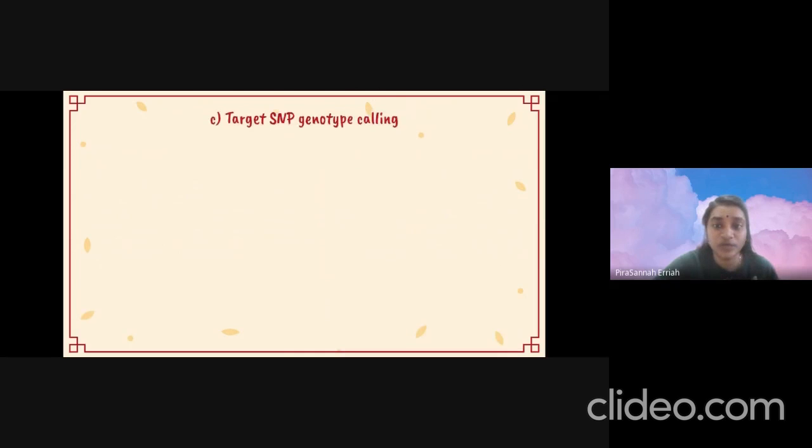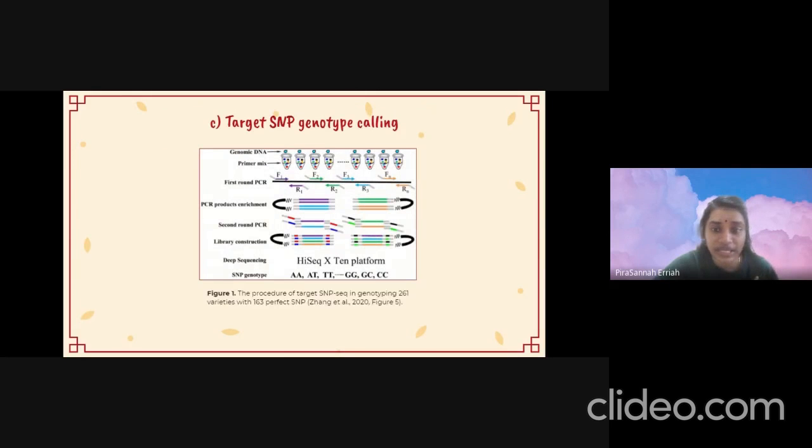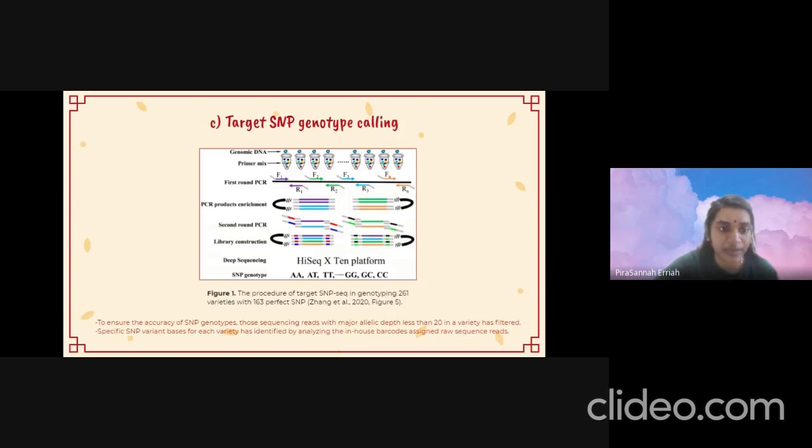Okay, next we move to the third method, which is the target SNP genotype calling. Here we can see a figure adapted from this experiment, which shows the procedures of the target SNP sequencing in genotyping 261 varieties with 163 perfect SNPs. So here we can see the process: it starts with genomic DNA, then they prepare the primer mix, and then they conduct the first round PCR to capture the target SNP loci through multiplex PCR.